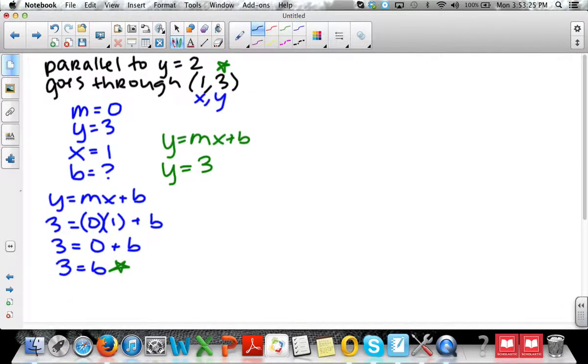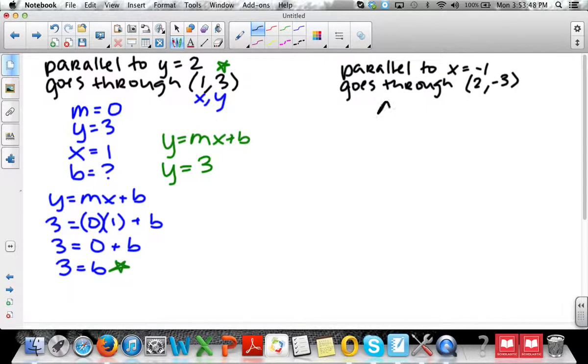So same with x's. If you had one that says parallel to x equals negative 1, let's say it goes through (2, negative 3). So this one, I want to draw a picture because this one is weird. It's not y equals. So let's draw a picture here. Okay, x equals negative 1 is everywhere where x is negative 1.